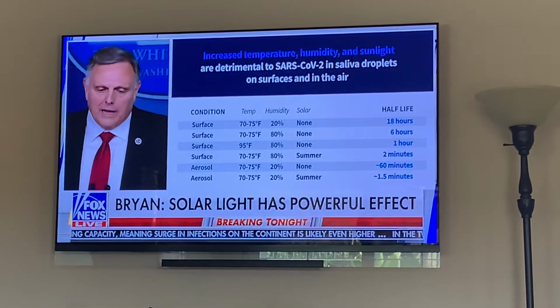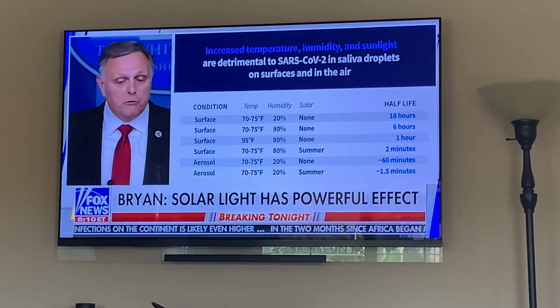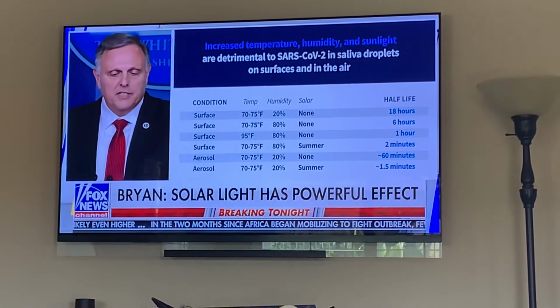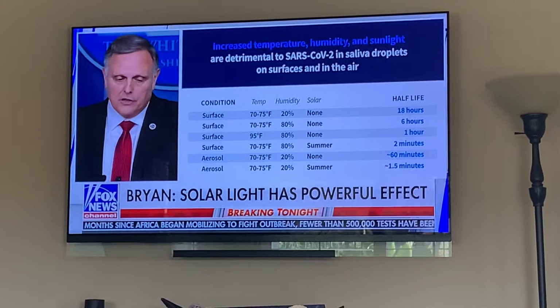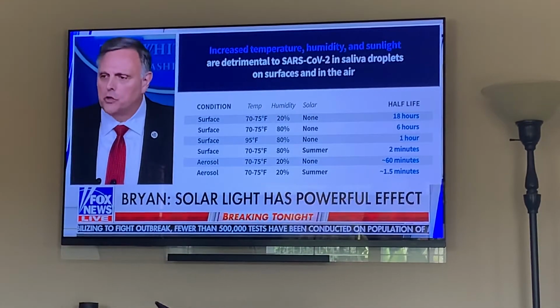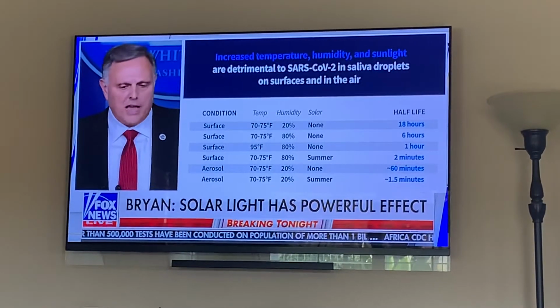If you look at the fourth line, you inject the sunlight, you inject UV rays into that. The same conditions as line 2, at 70 to 75 degrees with 80% humidity on the surface, but now you inject the sun, and the half-life goes from 6 hours to 2 minutes. That's how much of an impact the UV rays have on the virus.